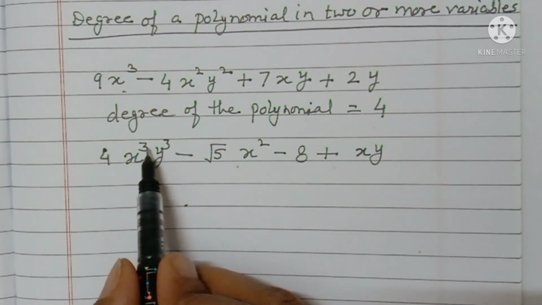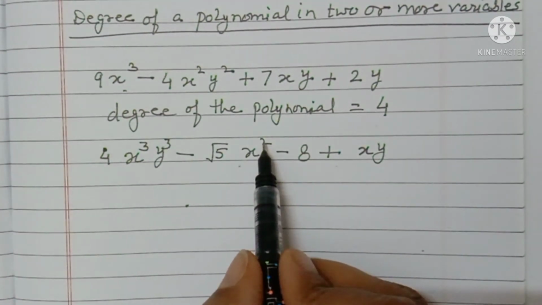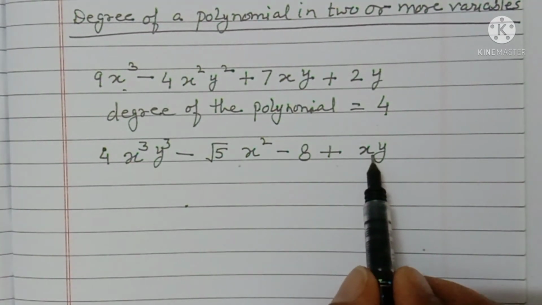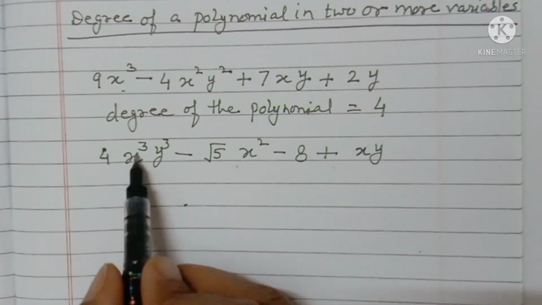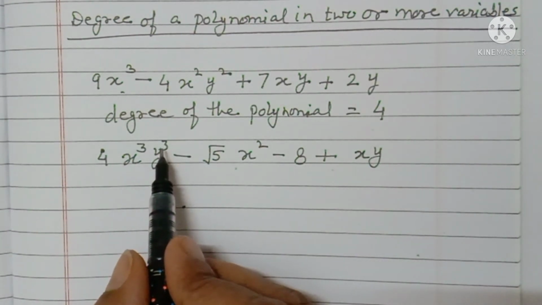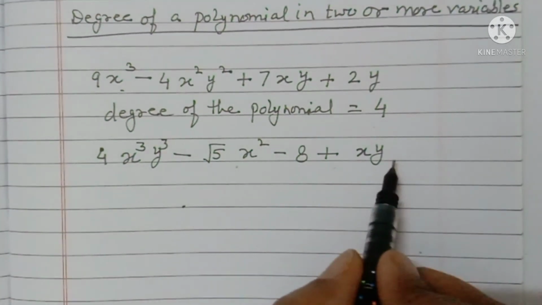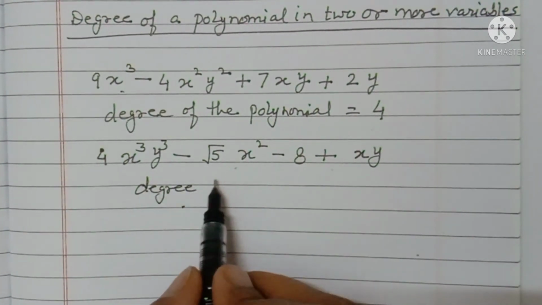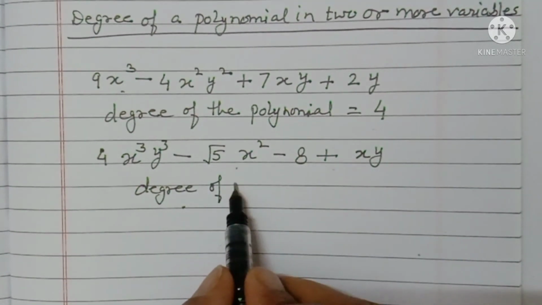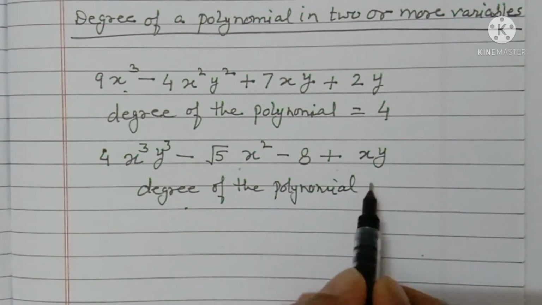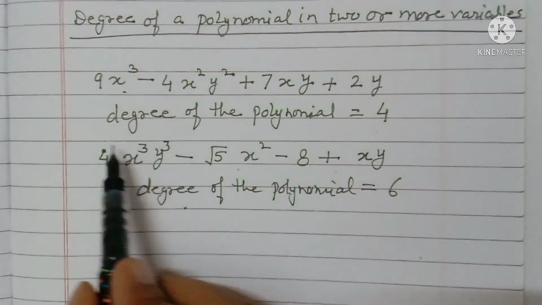Here x and y, and the sum of the powers of x and y is 3 plus 3, which is 6. In this term it is only 2, here there is no variable, and here 1 plus 1 means 2. So this term has the highest power, which is 6. So the degree of the given polynomial is equal to 6.